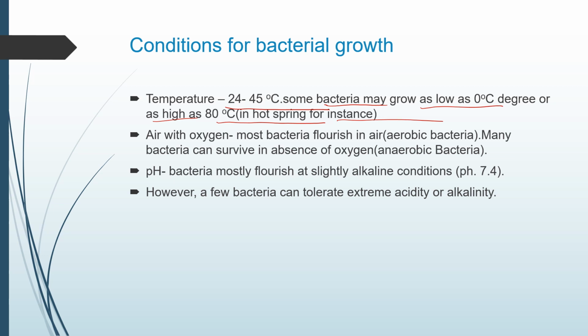Most bacteria flourish in air, that is aerobic bacteria, and some can also survive in the absence of air, that is anaerobic bacteria. When it comes to pH, bacteria mostly flourish in a slightly alkaline condition, ideally pH 7.4, but a few can tolerate extreme acidity or extreme alkalinity.